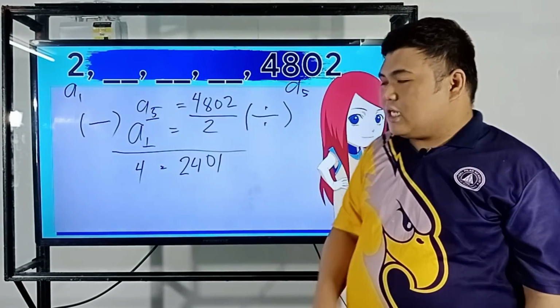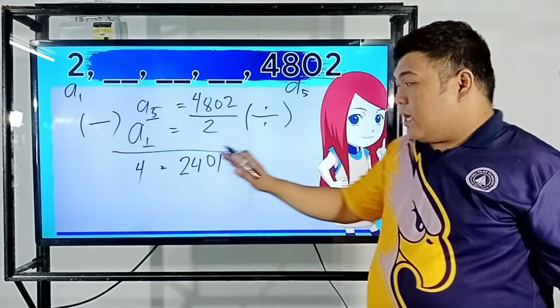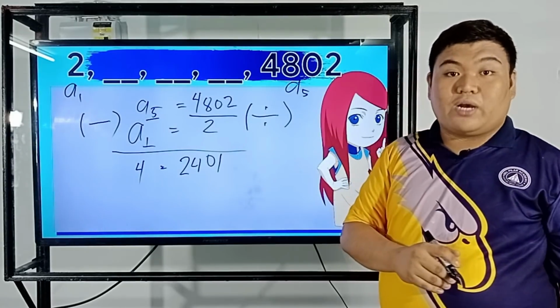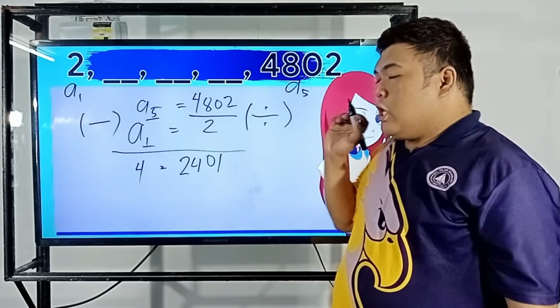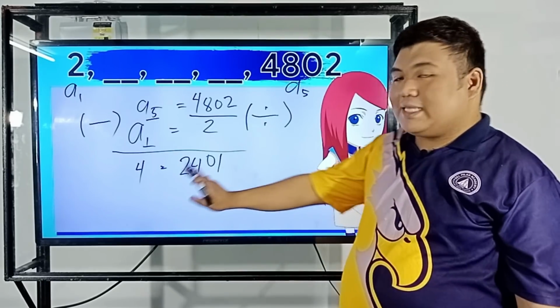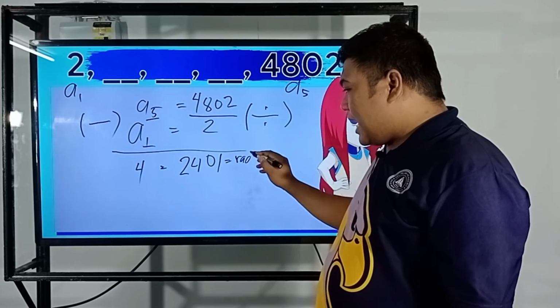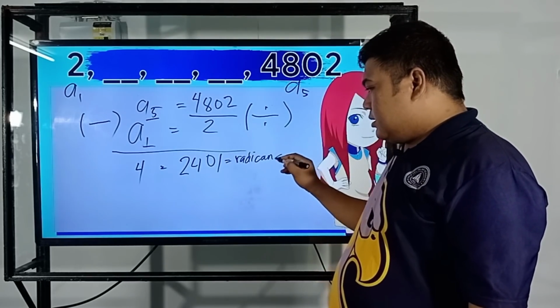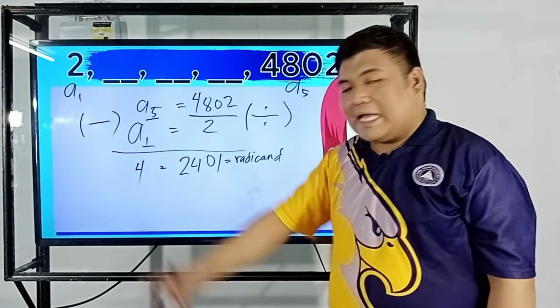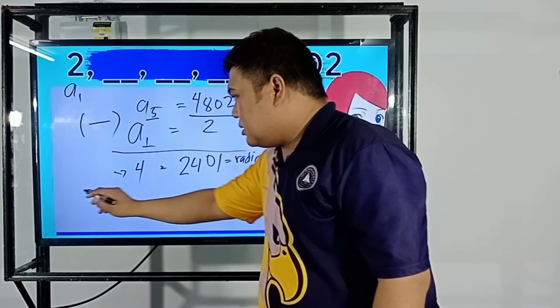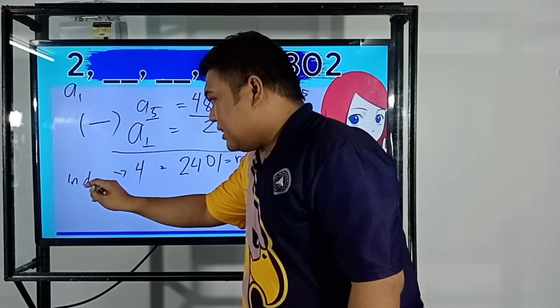Now, ano ang gagawin natin dyan sa 4 at sa 2,401? So, whatever yung number na nasa kanan, that is the radicand. And yung number na nasa kaliwa is the index.